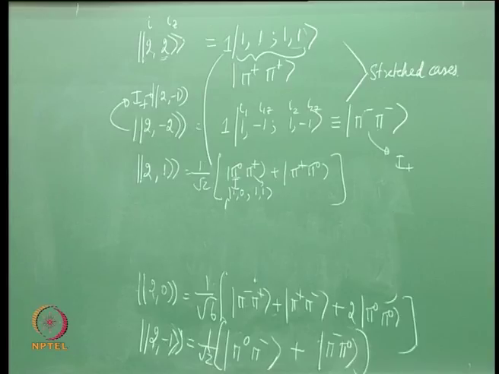Similarly, when we say pi plus pi 0, the pi plus is from the first beam and the pi 0 is from the second. So, this is the way we distinguish between the state pi 0 pi plus, with pi 0 as the first entry and pi plus as the second entry, in contrast to a state with pi plus as the first entry and pi 0 as the second entry. The same argument holds when we discuss the coupled state 2 comma 0, for instance, where we have pi minus pi plus plus pi plus pi minus plus 2 pi 0 pi 0.